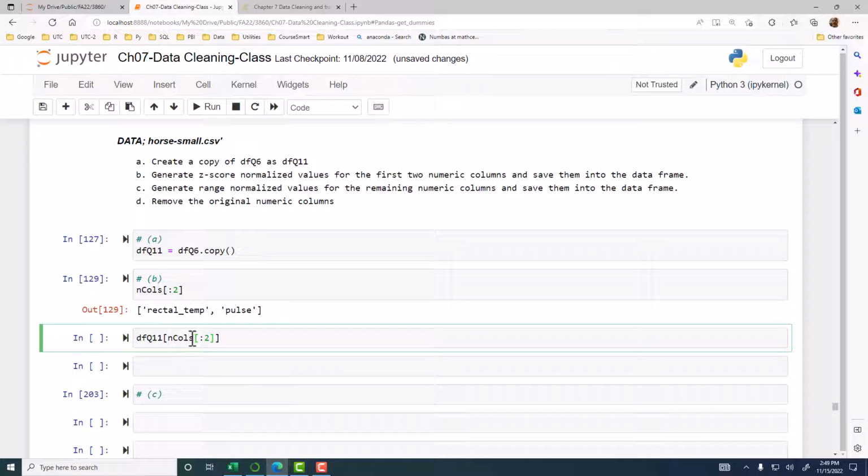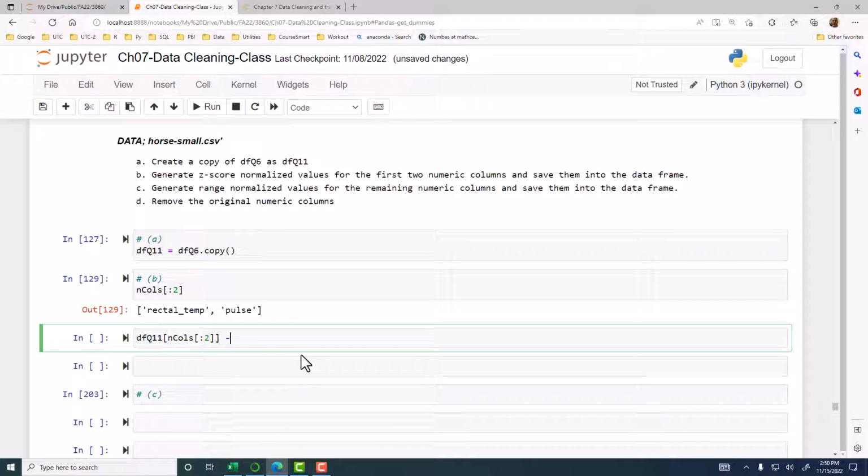So this is going to select just the first and the second numeric columns, because ncols is just the list of numeric columns.